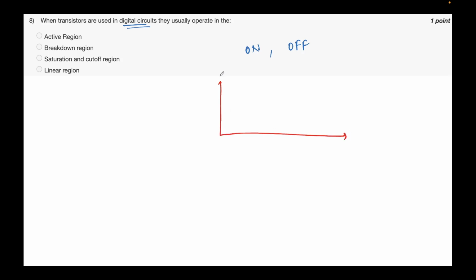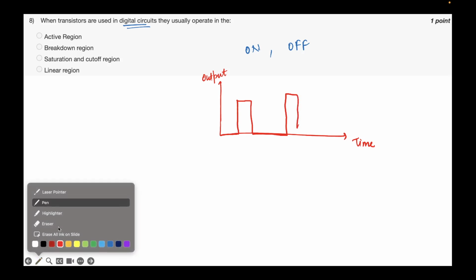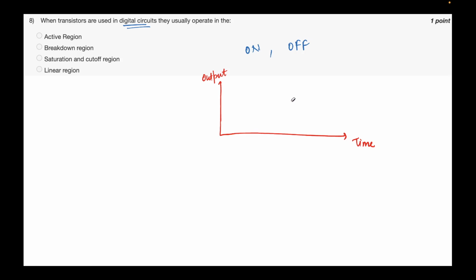Let's say we have output with respect to time. Let's say 0 is off, so it's off for some time, and then it turns on, remains on for some time and turns off again, off for a long time, now again on for some time. This is the same level. The levels are not different because we're talking about only two levels, high or low.